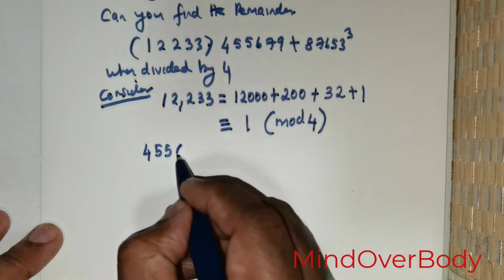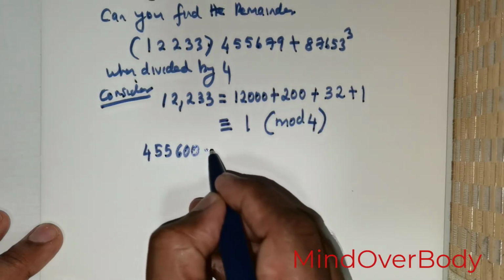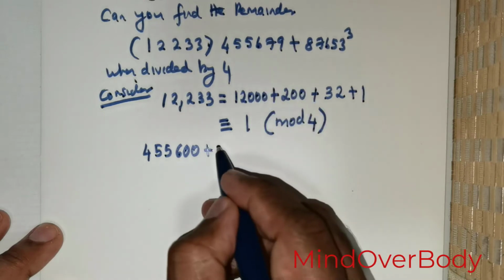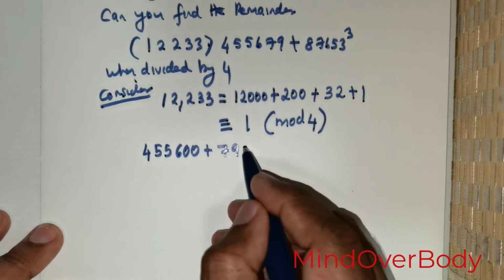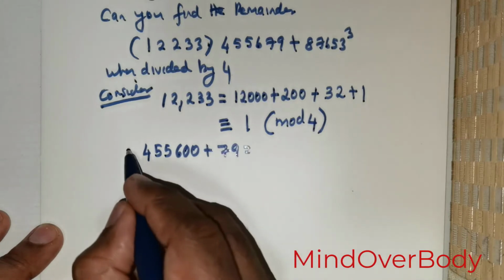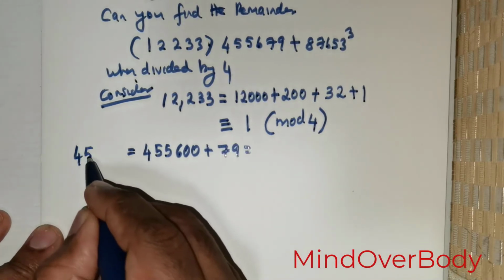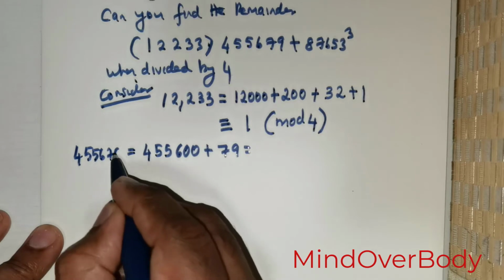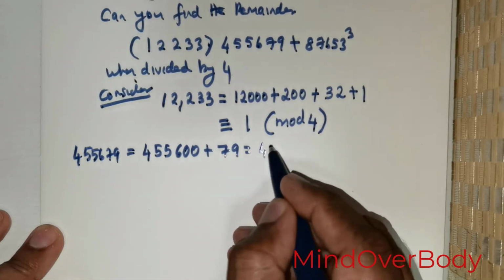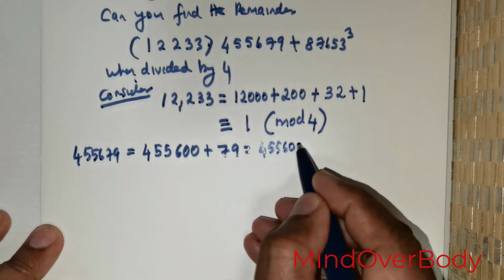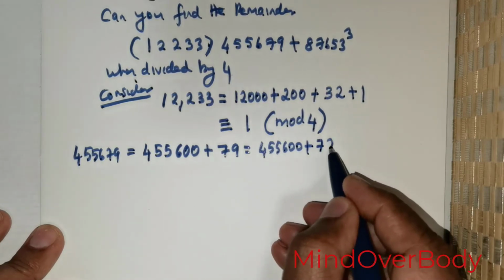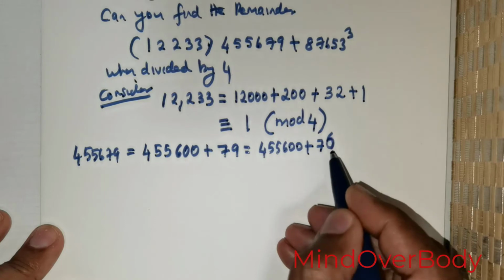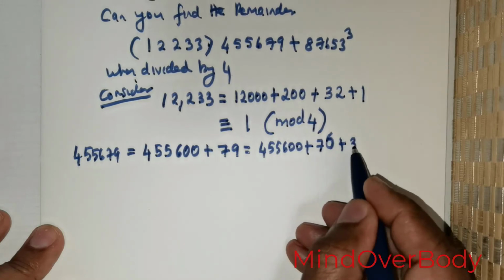I am going to write it like this: 600 plus 79, and that can be rewritten as, let me place this number, 455,679. So this can be rewritten as 455,600. 79 I'm going to write it as 70. I think I will write it as 76 added with 3.